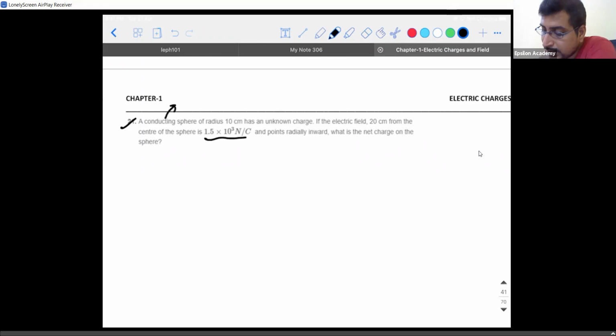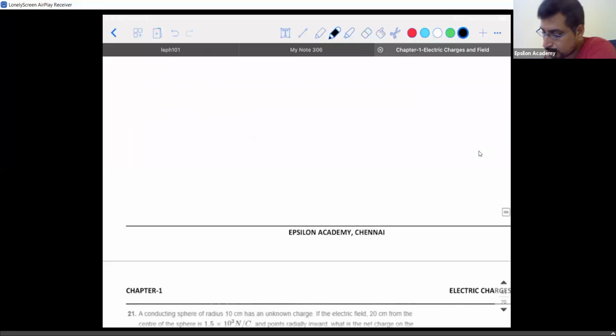Here, when they say conducting sphere, they are talking about a spherical shell. Why it is called a conducting sphere, you will understand in the next chapter. Conductors have an important property that charge is always stored on the surface, not within the conductor.